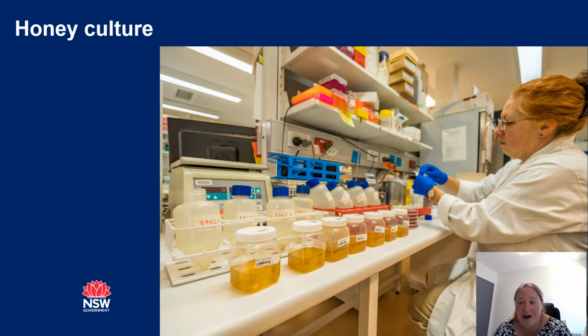And this is one of our current lab staff running our honey culture procedure. What we do is we get the honey that you send us, and we warm it up till it's runny, and then we mix it in these bottles up here with a buffer liquid, and we shake it to emulsify it. Then we spin that for a long time, and we spin it down so that all the spores collect in the very bottom of these tubes here.